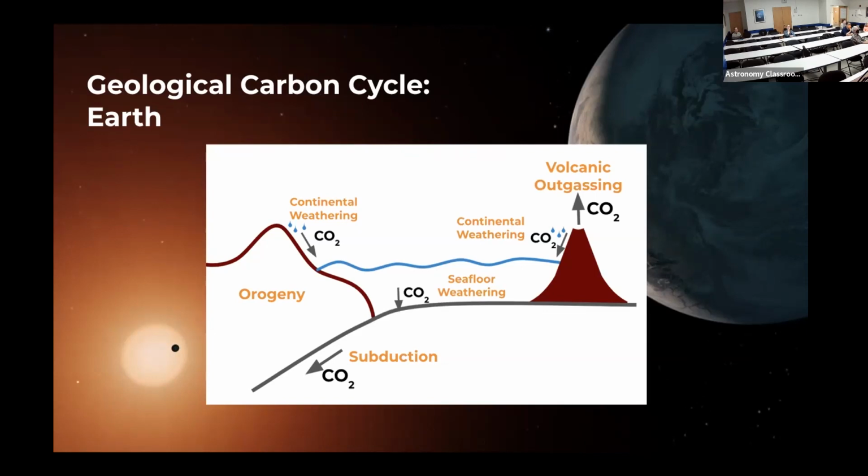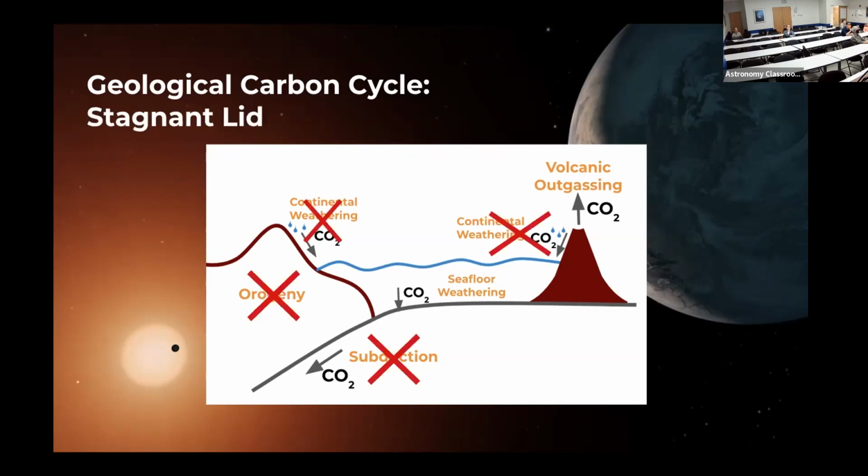Now, stagnant lids, which we think is what is common in the solar system, we're just going to assume is what is common in exoplanets as far as we know. So actually what happens here is you don't have subduction, so you don't have mountain building, so your continental weathering is extremely limited. And then we take it a step further with what we're modeling with the closer-in planets that we're able to access with telescopes right now.